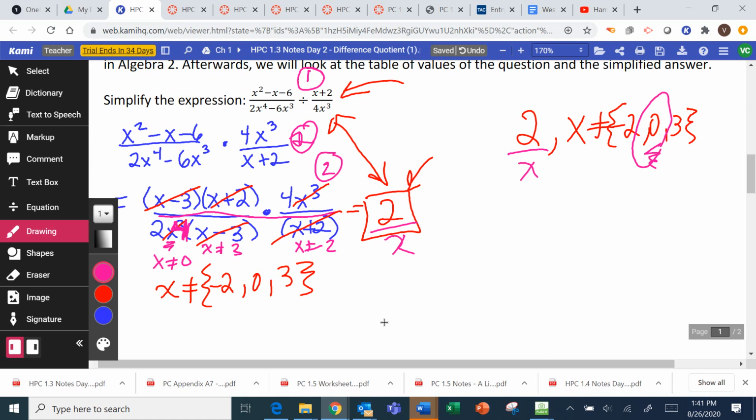We don't need to write it at that point. Because if I can look right here and say, I already know x can't equal 0, that's not something I have to say. Because that's the same in the end result as it is in the original. I only have to put things that disappear that were in the denominator at some point. Okay? All right.